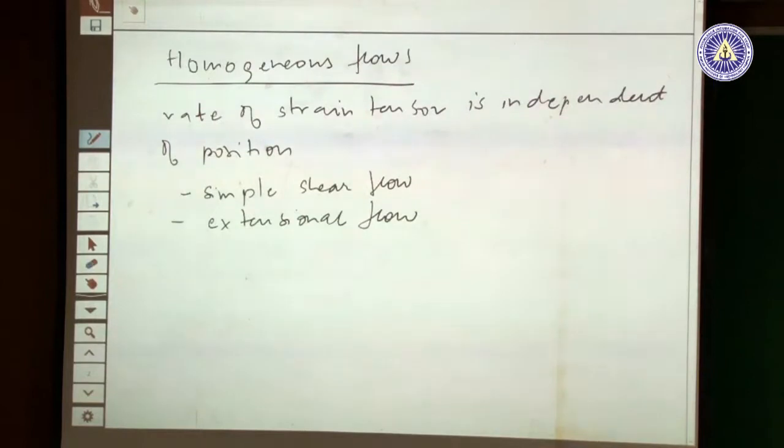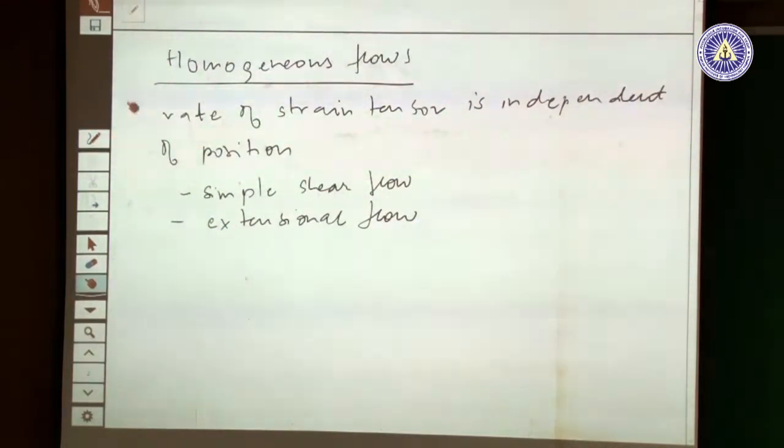Also, the idea that the strain rate does not vary in space is not really as stringent as it appears, because what you're really talking about is how much does it vary over the length scale of a molecule, because you're writing this whole theory down on the molecular scale, and you want the strain rate to be uniform around the molecule, and that doesn't necessarily mean your velocity gradients in space are absent or don't depend on space.